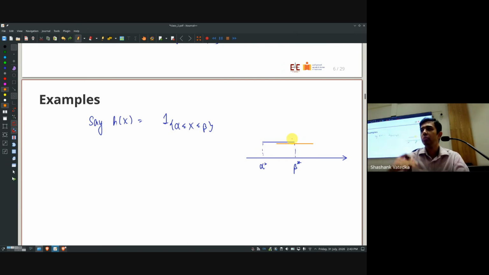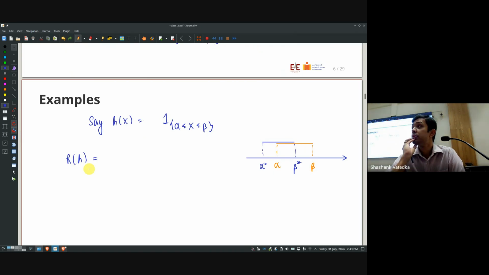Both of them take the same value, but I'm writing one sort of below the other just for easy visual distinction. So this is my alpha, and this is my beta. Now, say I pick an arbitrary alpha and beta, what would be the generalization error of this particular predictor? So what is R of h?